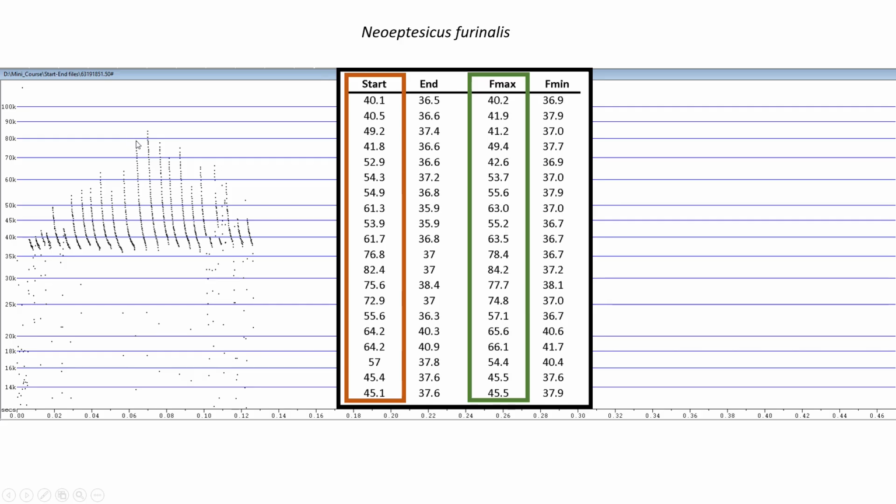Where does that start frequency begin? Up here, here, but you can tell they increase and then decrease. The end frequency, on the other hand, is pretty close to the F min and remains more or less constant.